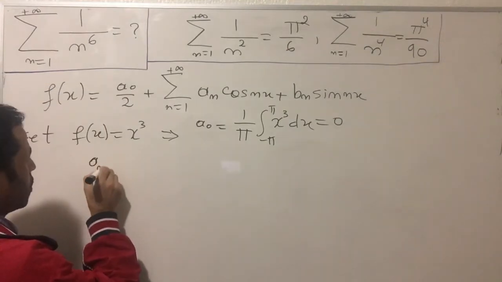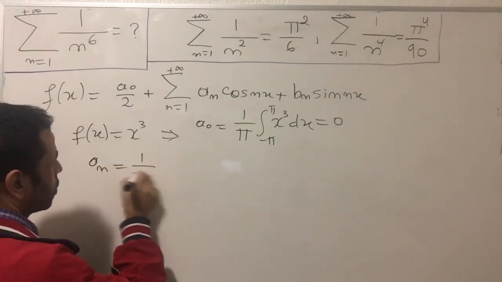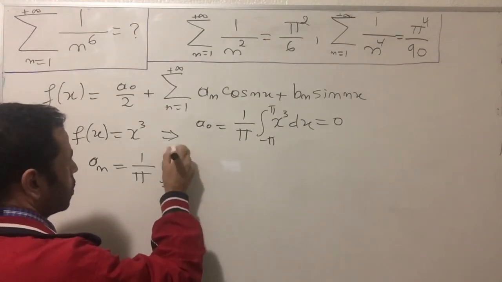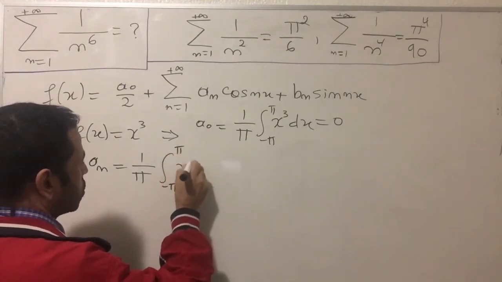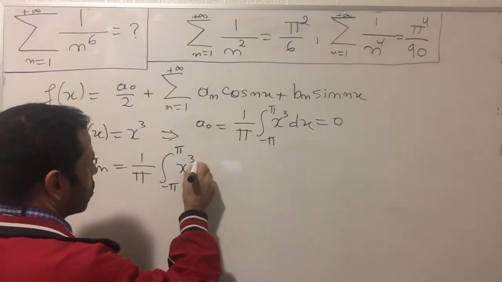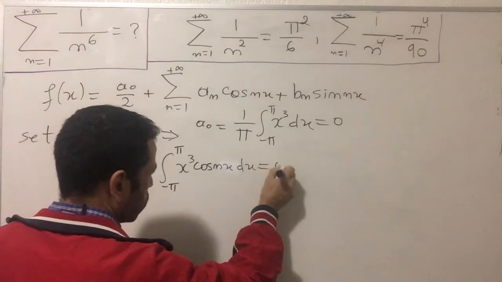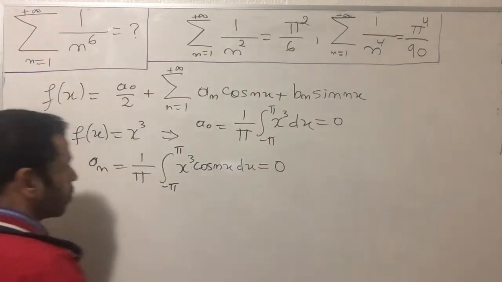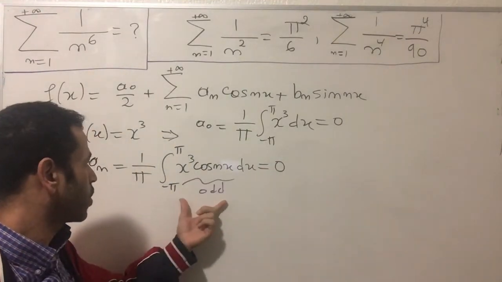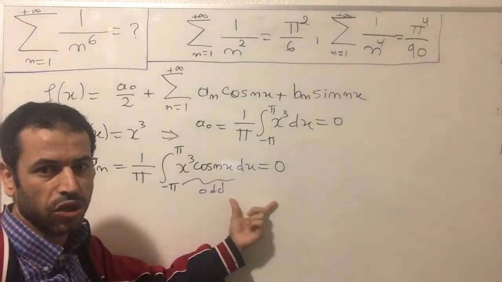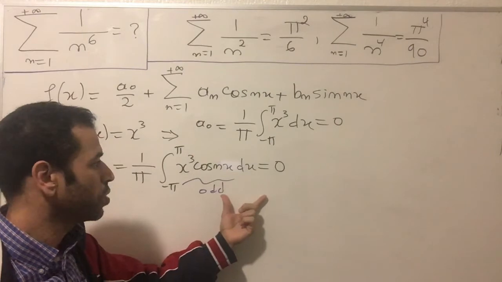We have a sub n equal to 1 over pi multiplied by the integral from minus pi to pi of f of x, which is x cubed, multiplied by cosine nx dx. This one equals 0 as well, because the function, as a periodic function on the interval minus pi to pi, is an odd function, which is equal to 0 because it's symmetric to the origin.